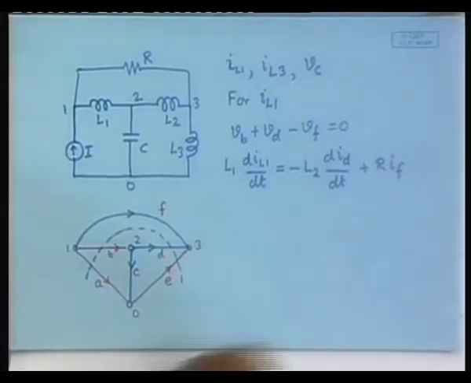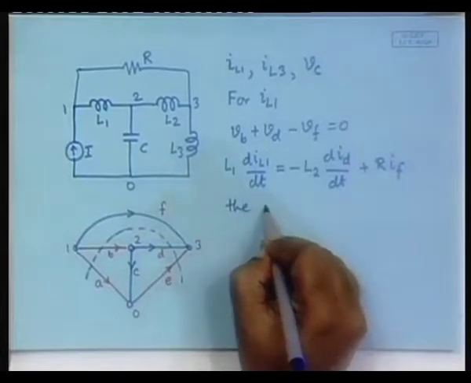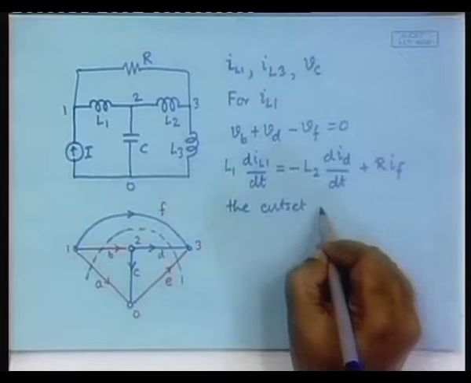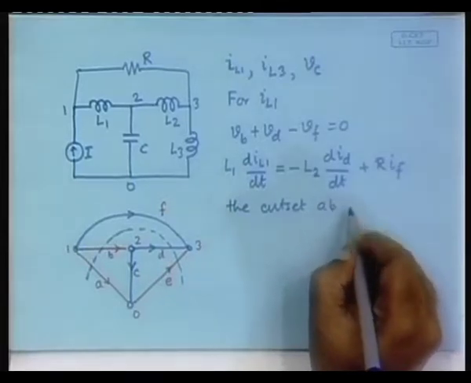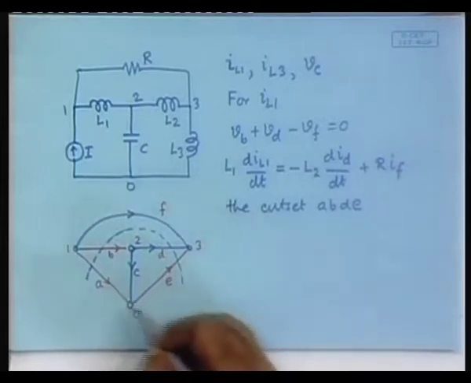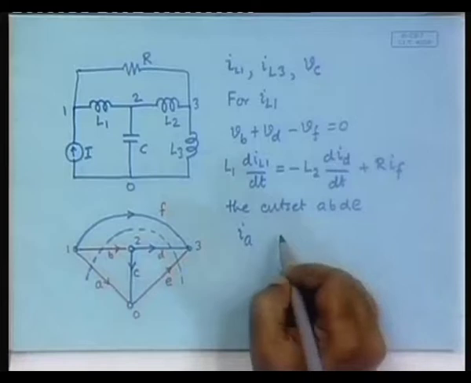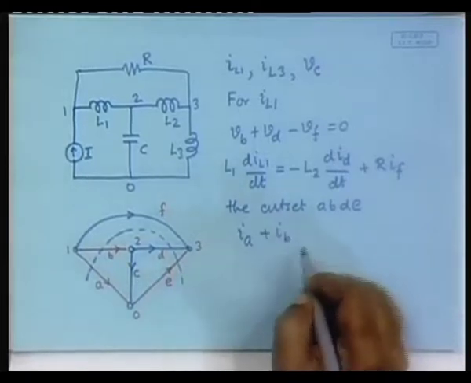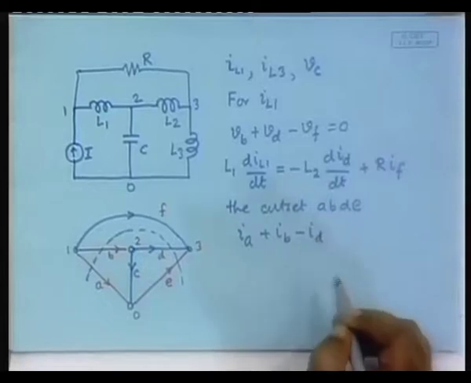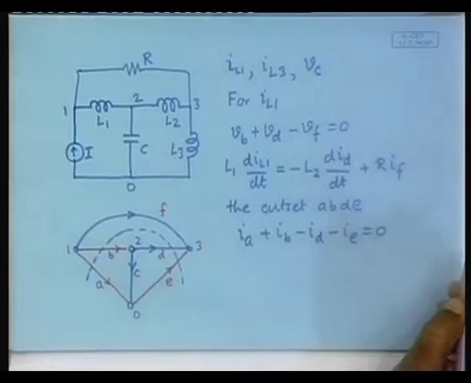The moment we have done that, we can write cut set A, B, D, E. So we write IA plus IB minus ID minus IE is equal to 0.